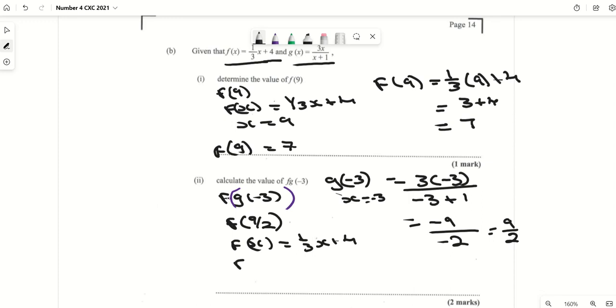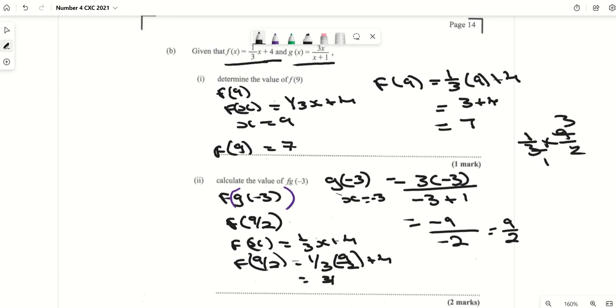So therefore, f of 9 over 2 would be a third by 9 over 2 plus 4. Let's do this work in here. A third multiplied by 9 over 2, 3 into 3, 1, 3 into 9, 3. So that would be 3 over 2 plus 4, right? 3 over 2 is equal to 1.5 plus 4, which is equal to 5.5. And that would be your answer.